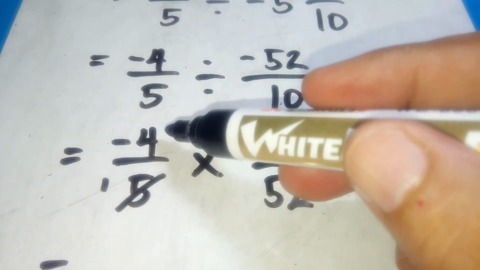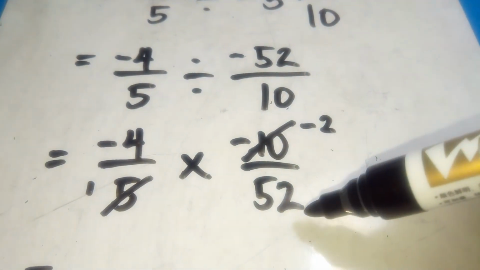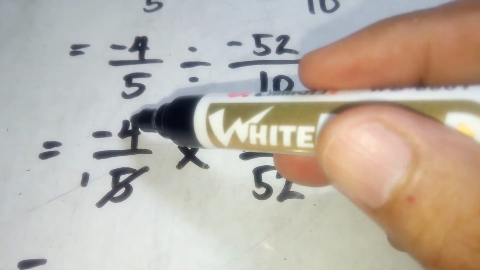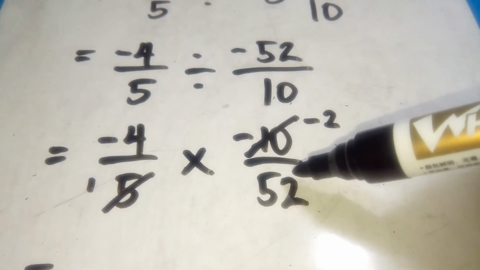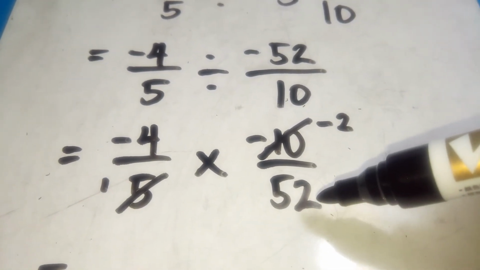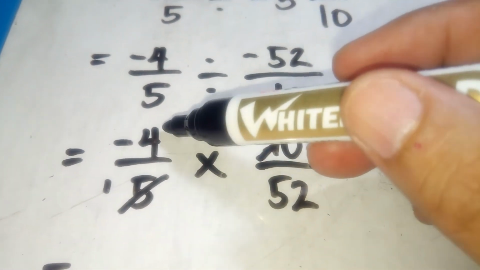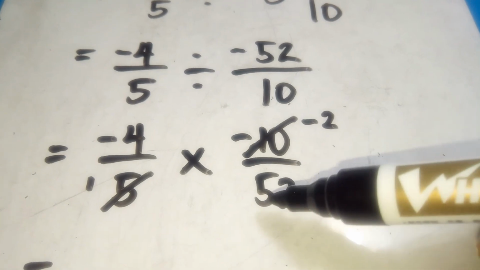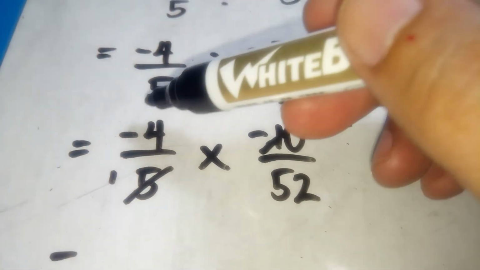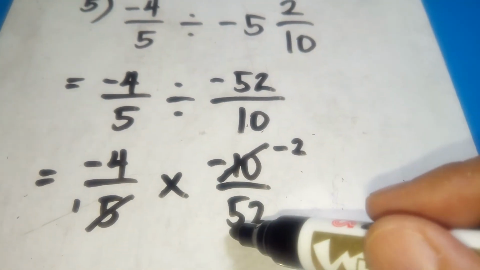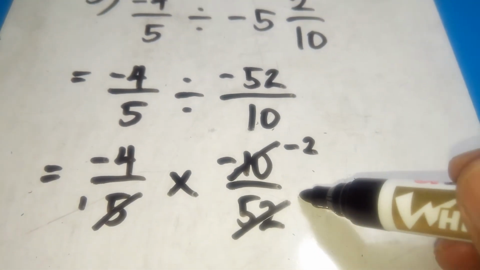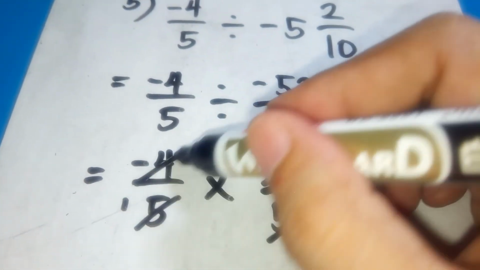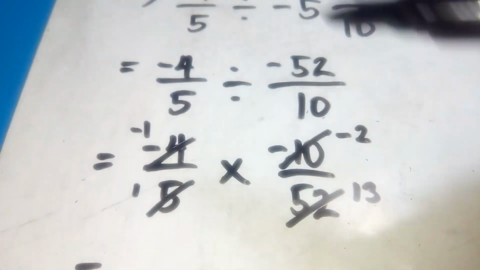The factors of negative 4 are negative 1 times 4, and 52 is 13 times 4, so we can cancel 4. What remains here will be 13, and what remains on the other side will be negative 1.